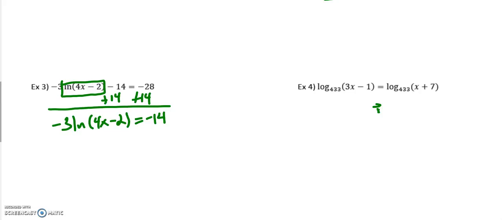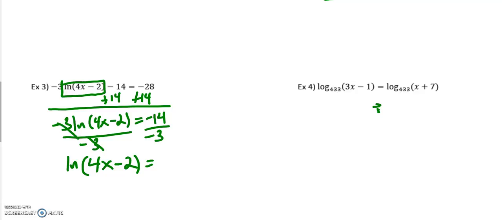Continue isolating. Divide by negative 3. So I'm going to end up with the natural log of 4x minus 2 still there, equals whatever 14 divided by 3 is.